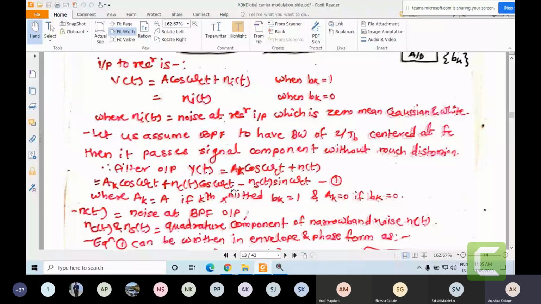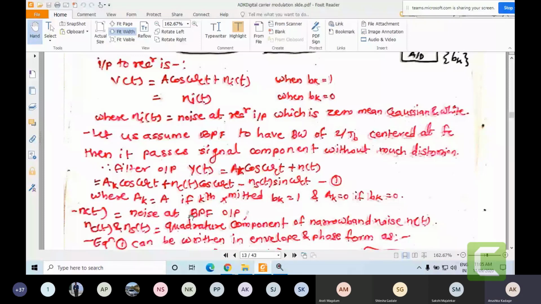At any instant k, the value of Ak, that is the amplitude value, will be equal to A if the Bk value is 1, and if the Bk value is 0, the amplitude value will be 0. That means either this A cos of omega c t or 0 will be present for this component Ak cos of omega c t. And this noise n(t) will be the band pass filtered noise output, while nc(t) and ns(t) are said to be the quadrature components of this noise value.